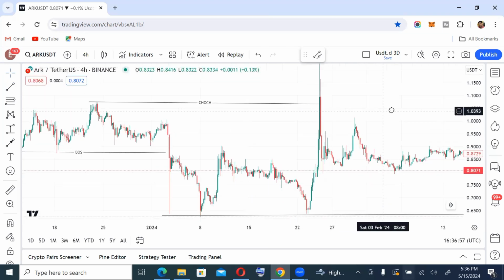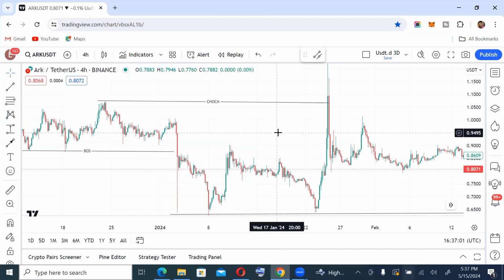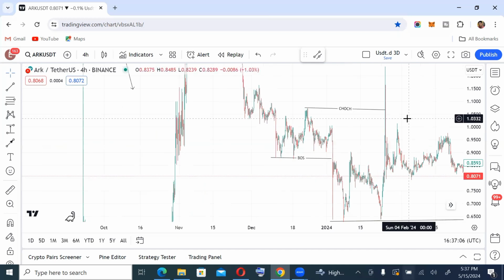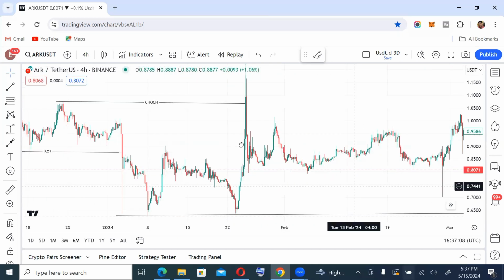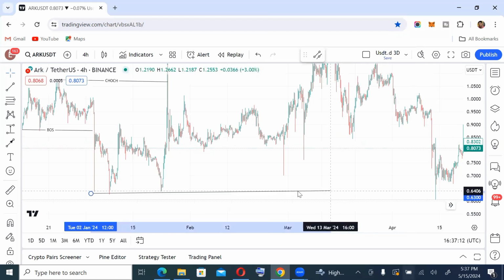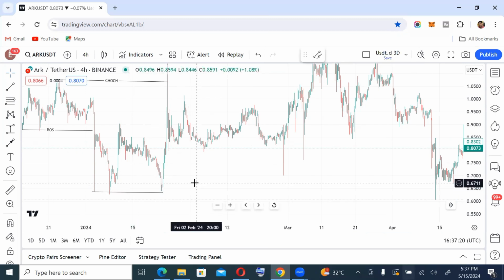Price was able to move, break structure, take out liquidity from the external point, right? A lot of persons will actually think that this is not a good confluence, but this is actually one of the best confluence you can ever have.